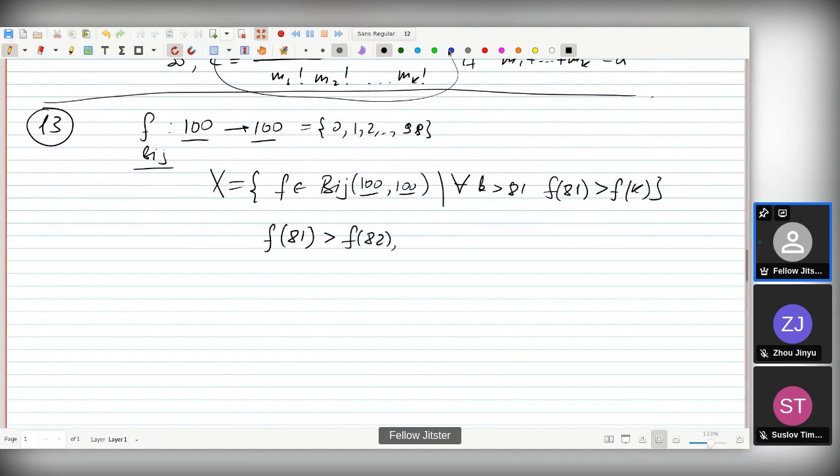Than f(82), f(83), and so on up to f(99). How many such bijections do we have?